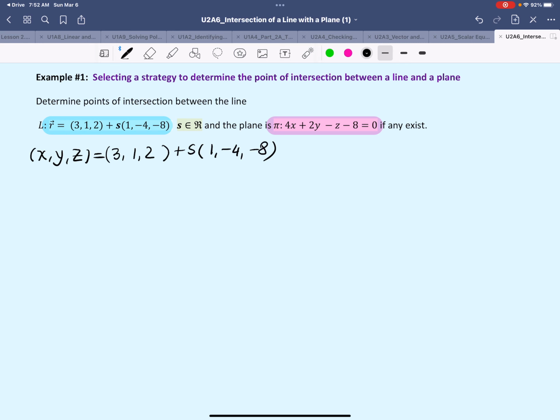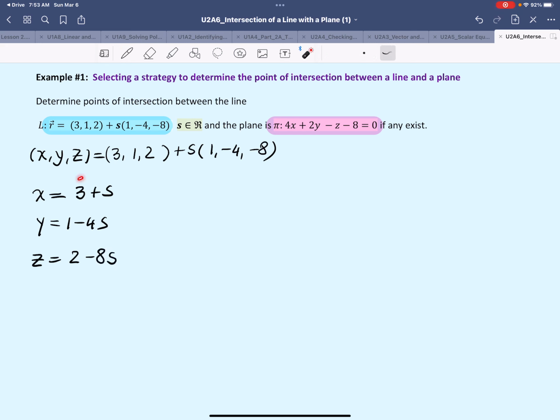So let's derive the parametric equations. For x, we have 3 plus 1s, so that's 3 plus s. For y, we have 1 plus negative 4s, so y equals 1 minus 4s. And for z, we have 2 plus negative 8s, so 2 minus 8s.